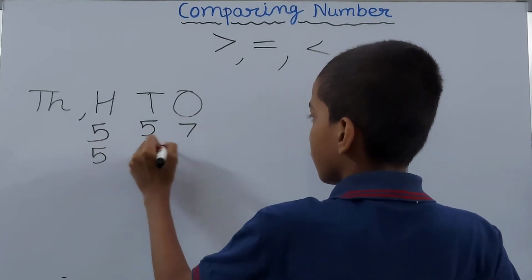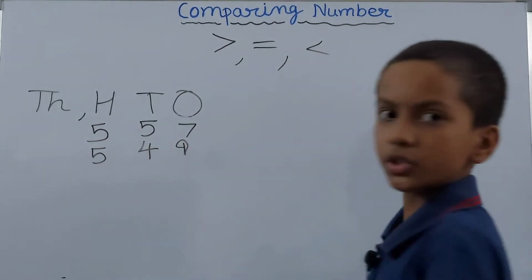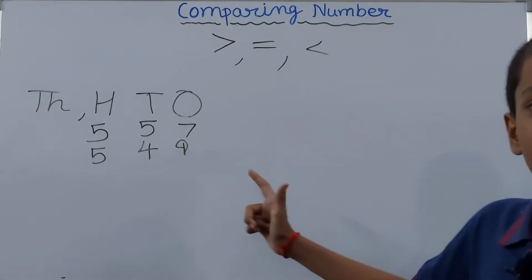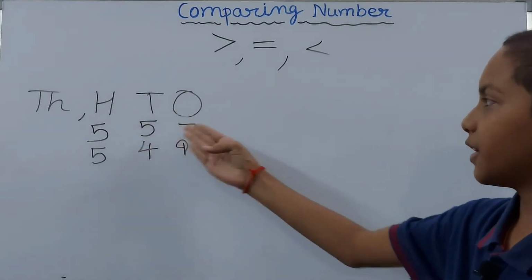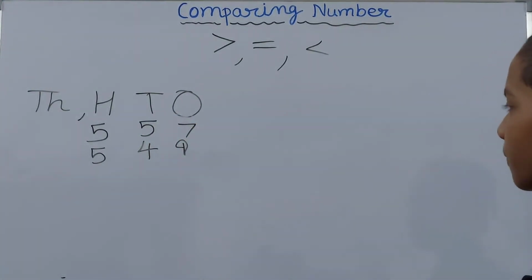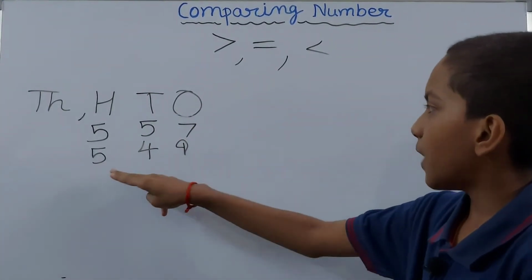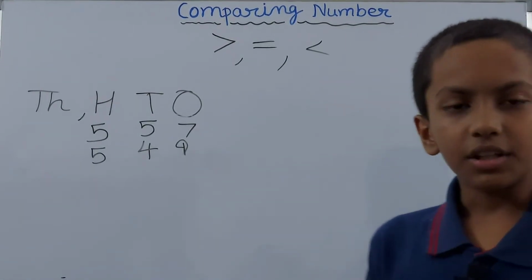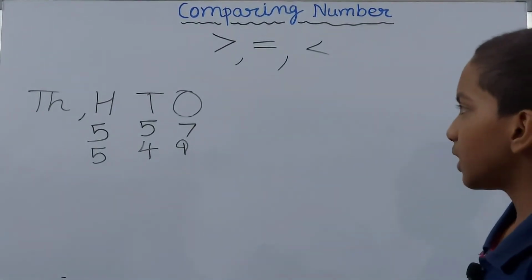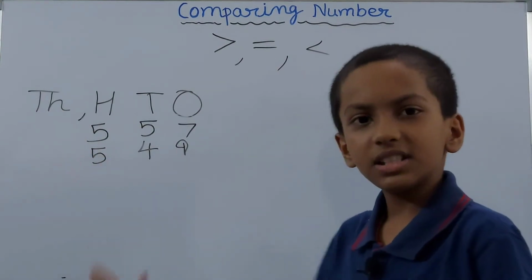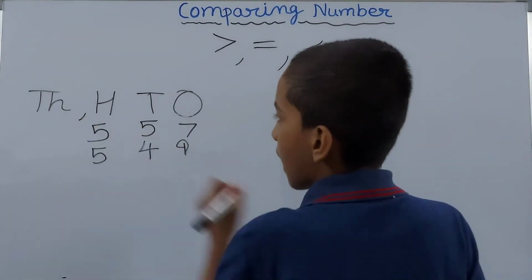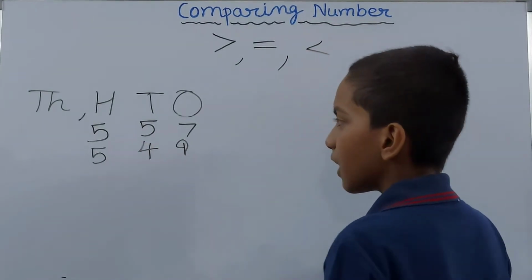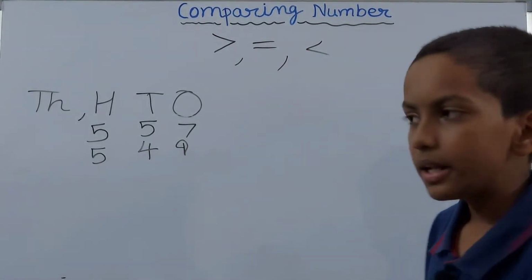So friends, I have written two more numbers over here. You can see this is 557 and the other one is 549. So let's quickly compare these two numbers. So always see the digits from the left side. So 5 from 557 and another 5 from 549.